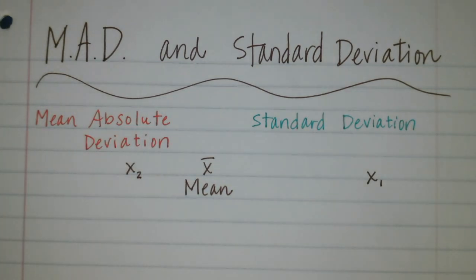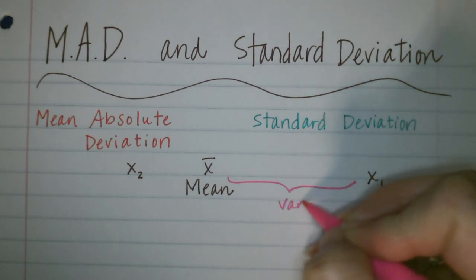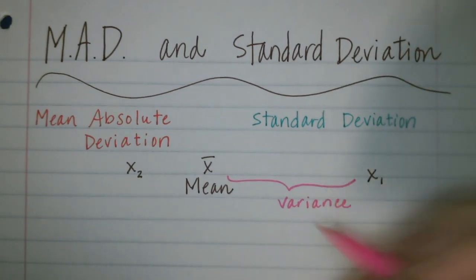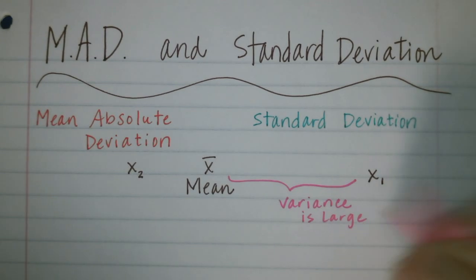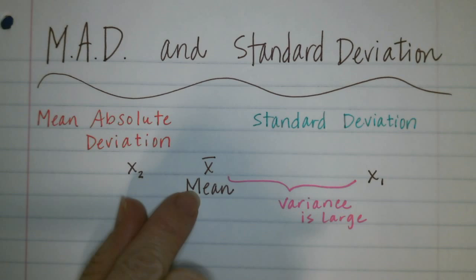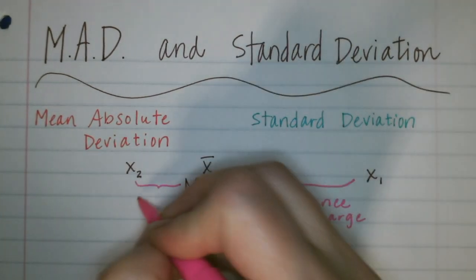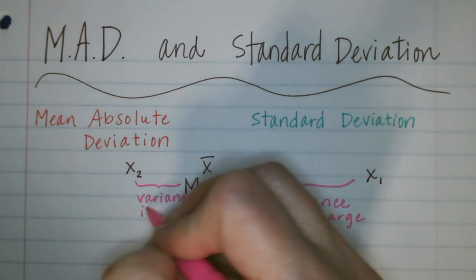So what we're looking at is this measurement going across. Right in here, this one has a large variance, so the variance is large. This one varies a lot from the average, whereas this one varies a small amount. This one right here, the variance is small. So that's what we are looking at.